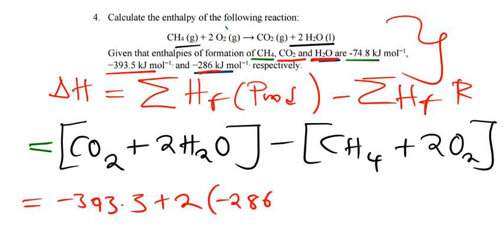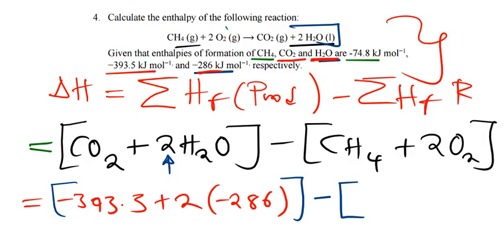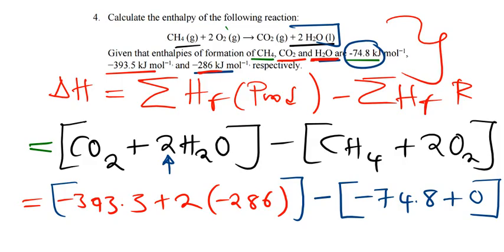Now pay attention to what I've done here. I've put multiply by 2 because there are 2 water molecules in the balanced equation, minus methane. The value is the first value there, negative 74.8. It's just a single mole. For oxygen, it exists naturally and the value hasn't been given, so it's just a 0. Even if multiplied by 2, it will still be a 0.